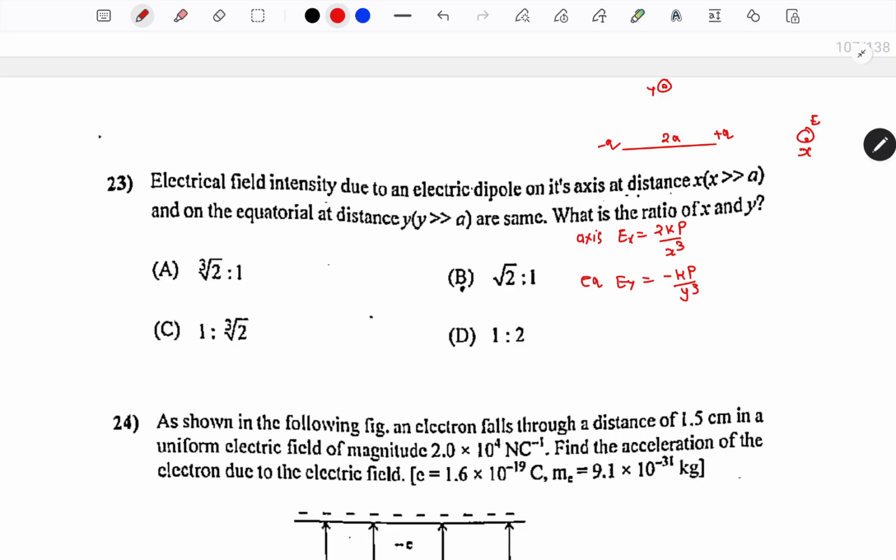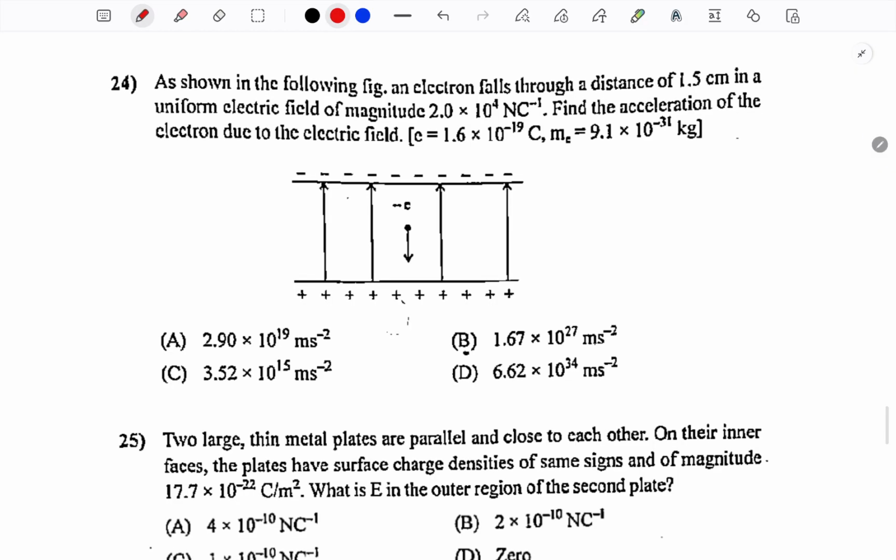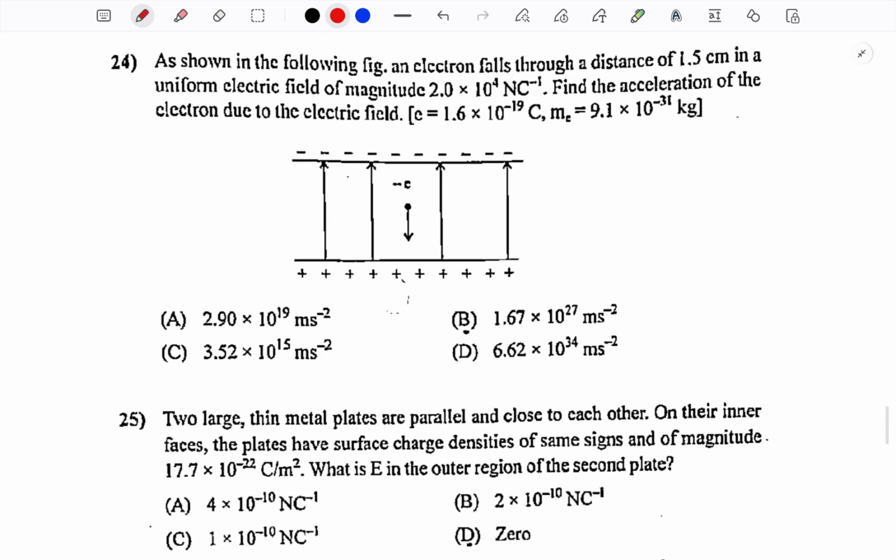But electric field at both points is equal, so we can write 2kp by x cube is equal to kp by y cube. So x cube by y cube is equal to 1/2, so x by y is (1/2)^(1/3). Option A. Okay, moving again to the next question.